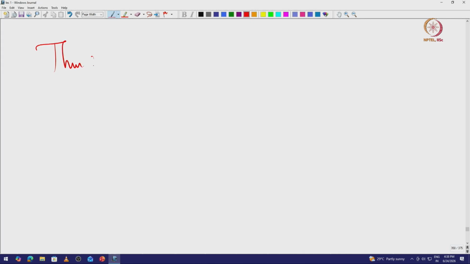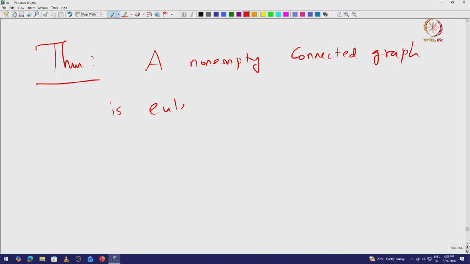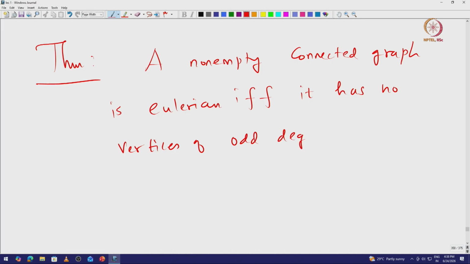Here is the theorem: a non-empty connected graph is Eulerian if and only if it has no vertices of odd degree. Okay. So, it is a very nice characterization.